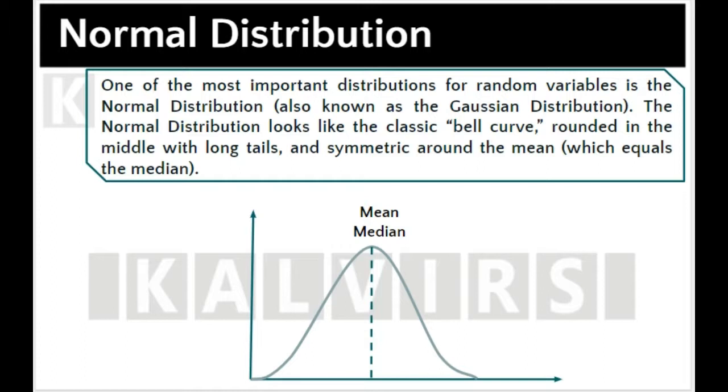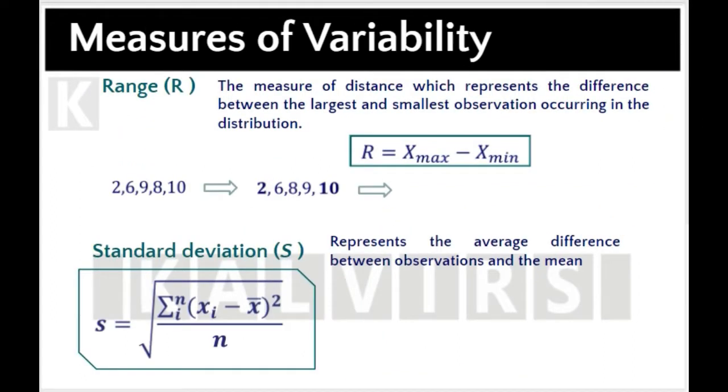In a normal distribution, the mean, the mode and the median are all the same. The range is the positive difference between the largest term and the smallest term. For the set shown below, the range is 10 minus 2.